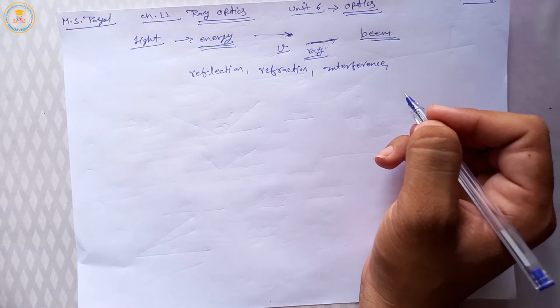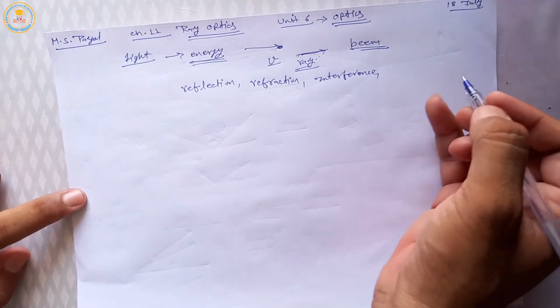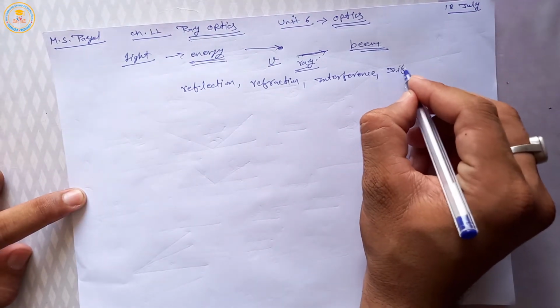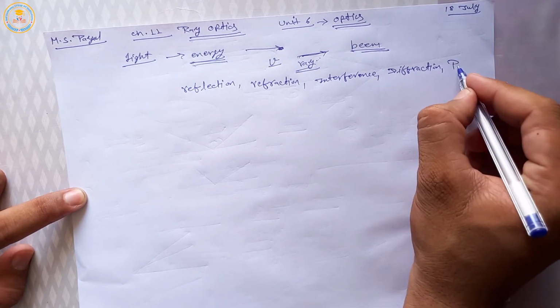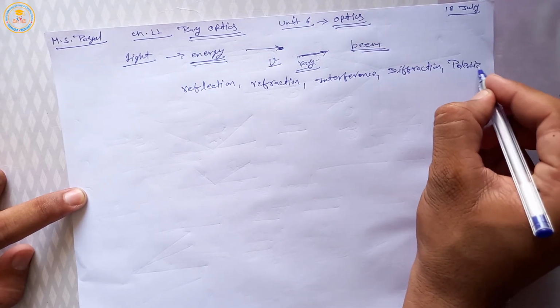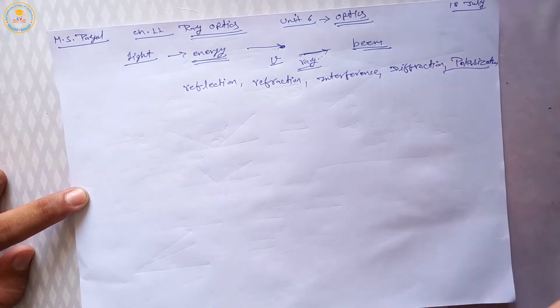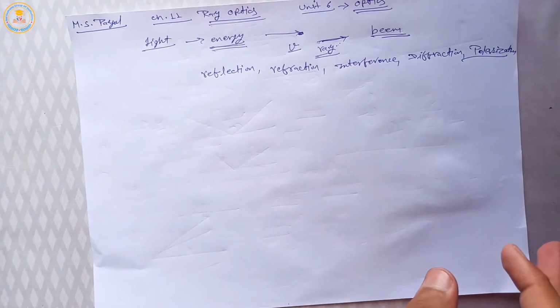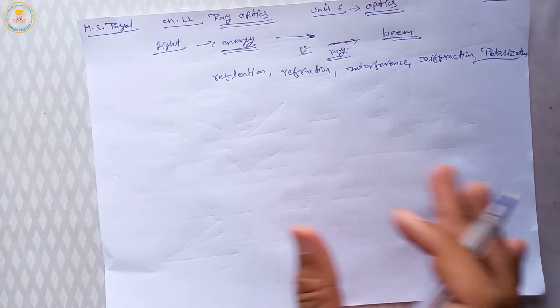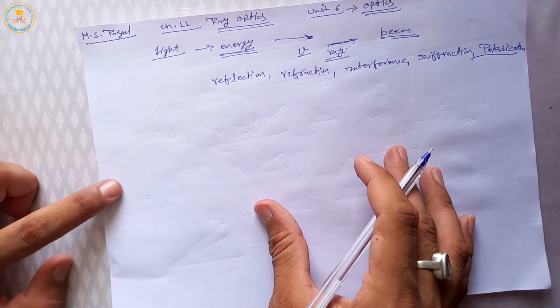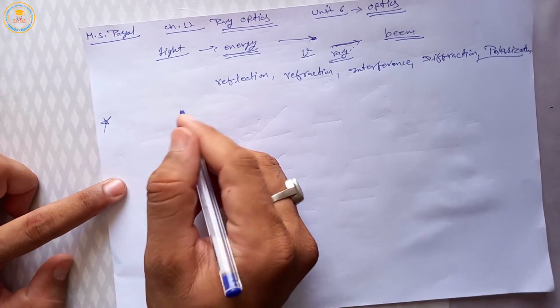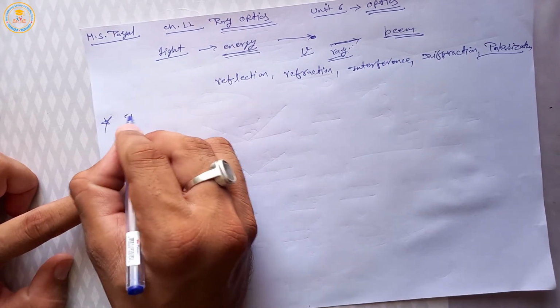And another one is diffraction and polarization. These are some effects due to light.